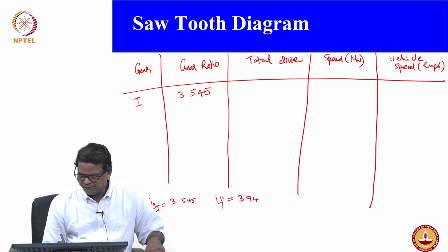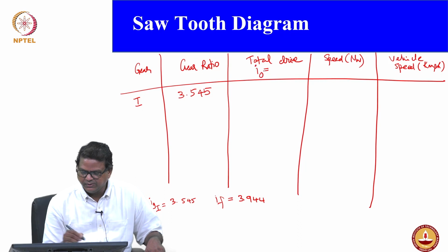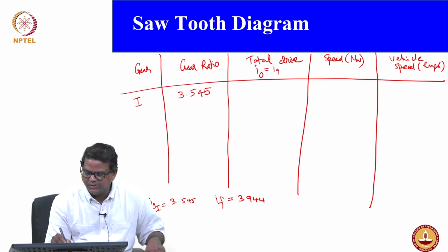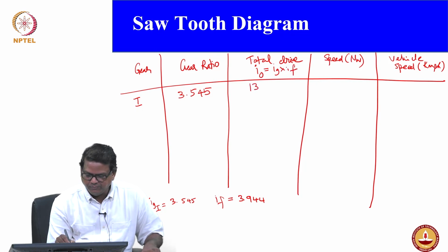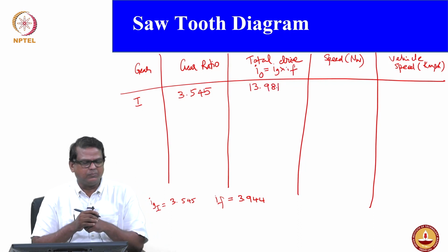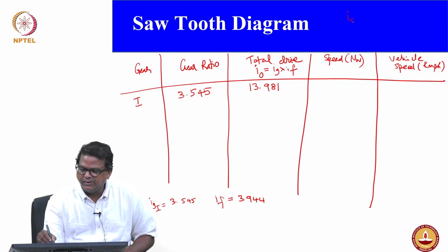So, this is IO, the total drive. IO is nothing but your IG into IF. If you multiply that, you should expect 13.981.